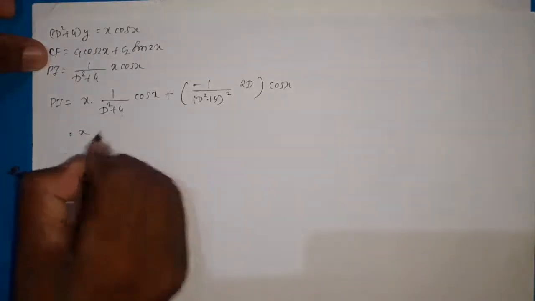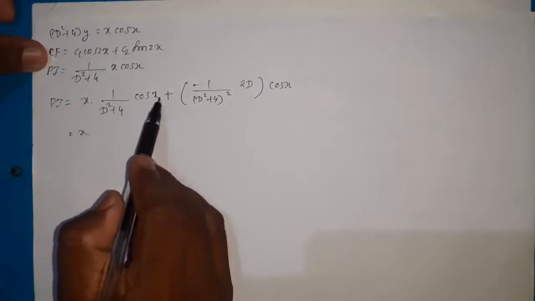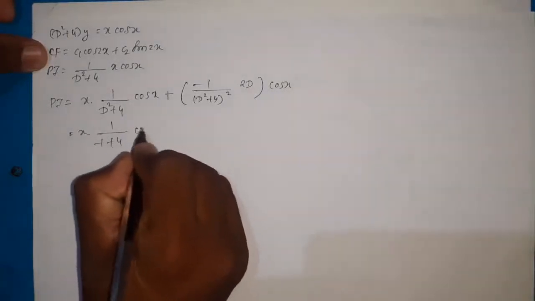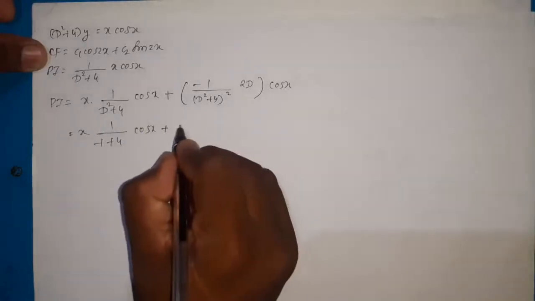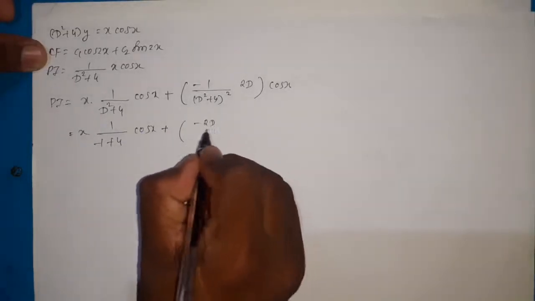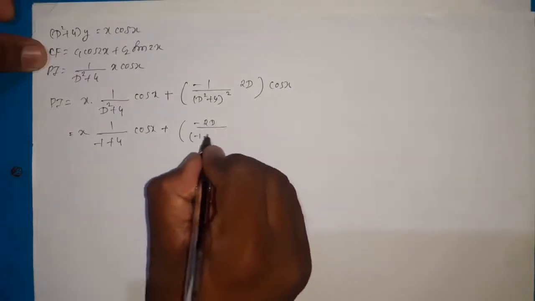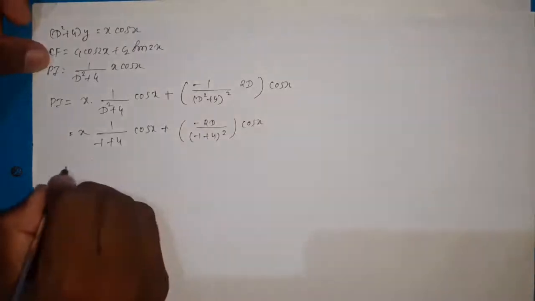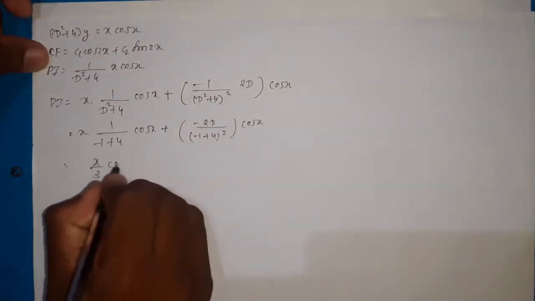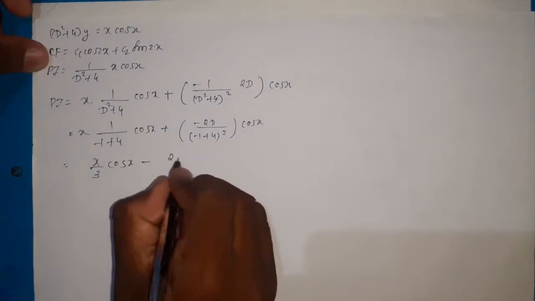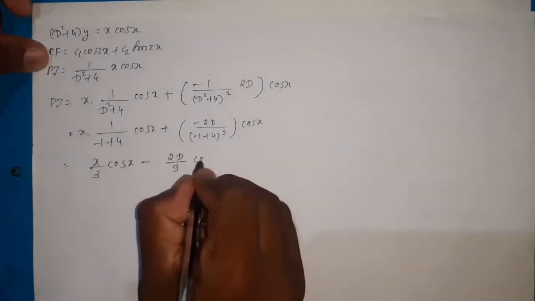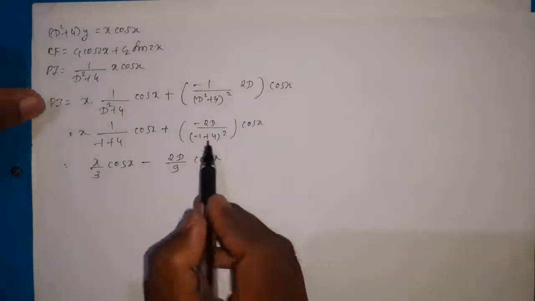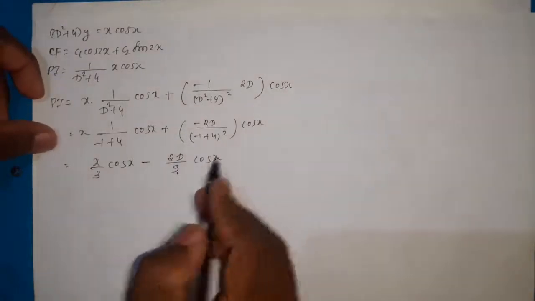Then it is x into, again 1 by f of d square cos x, 1 divided by minus 1 plus 4 cos x plus, here minus 2d divided by minus 1 plus 4 whole square into cos x. Hence it is equal to x by 3 cos x minus 2d upon 9 cos x. Right? Here minus 2d divided by 9 cos x.